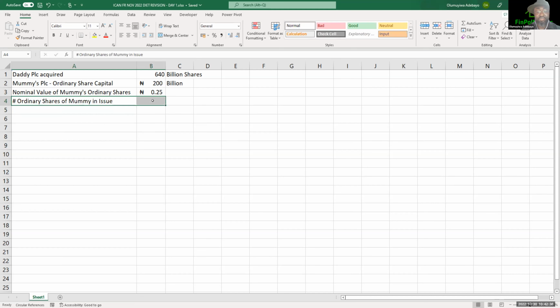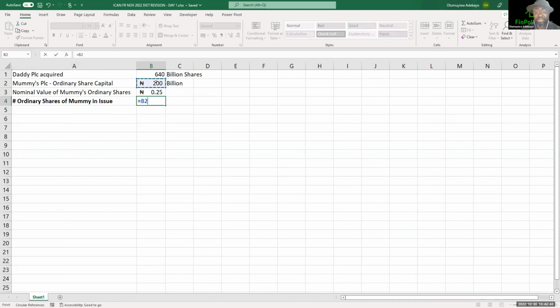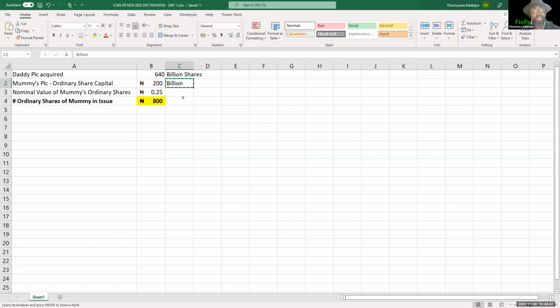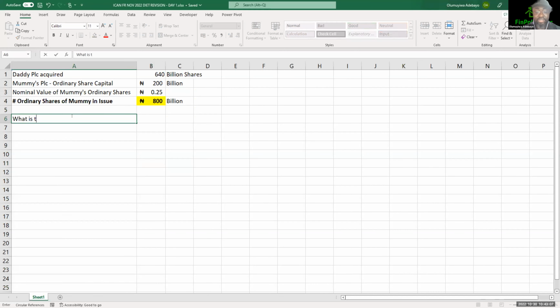And what is that? It is the share capital divided by the nominal value, and that gives us 800 billion shares. Now the question is, what is the stake in percentages of that deal?